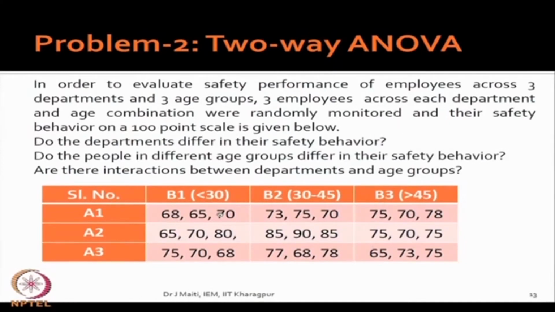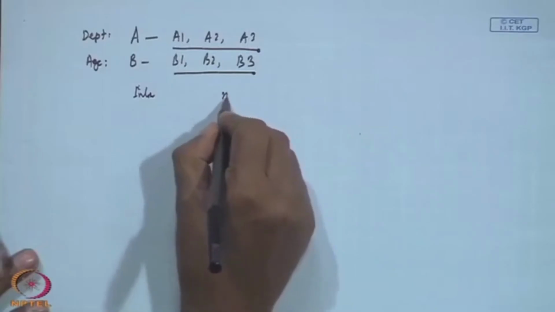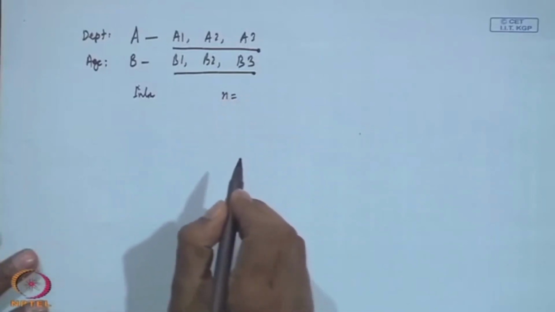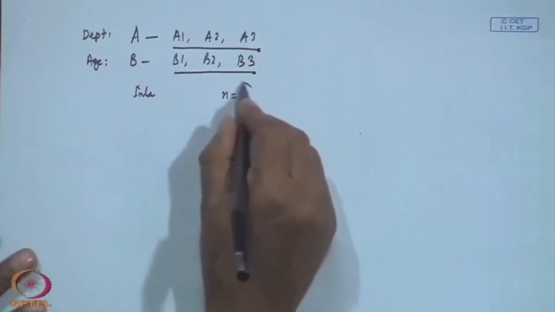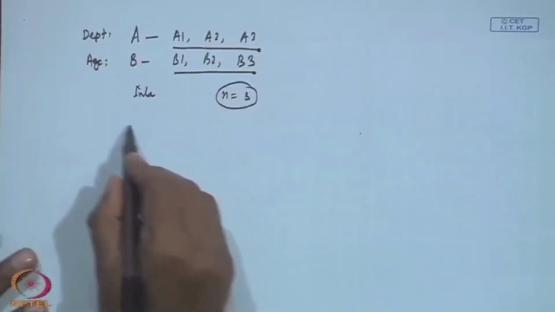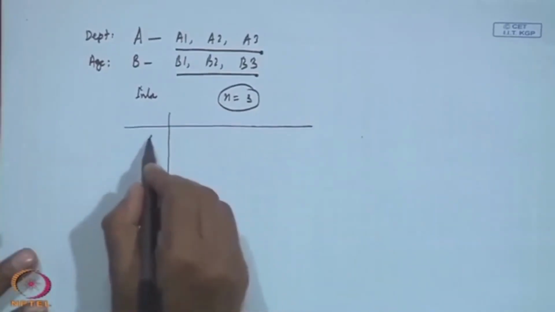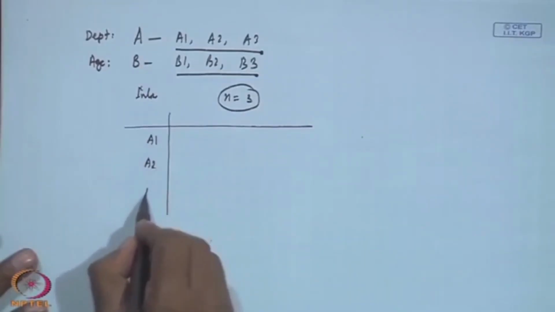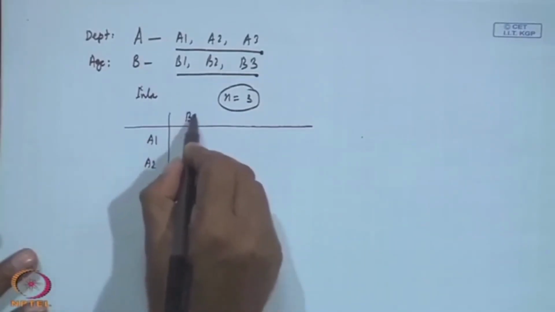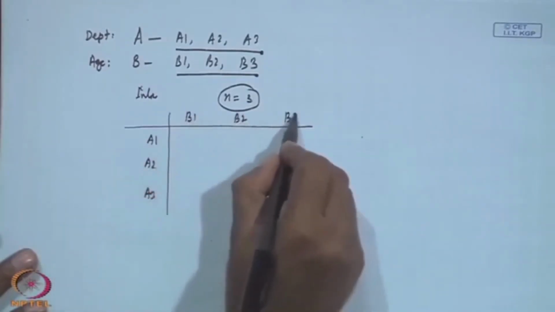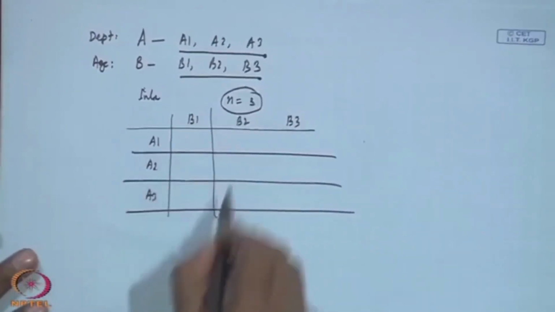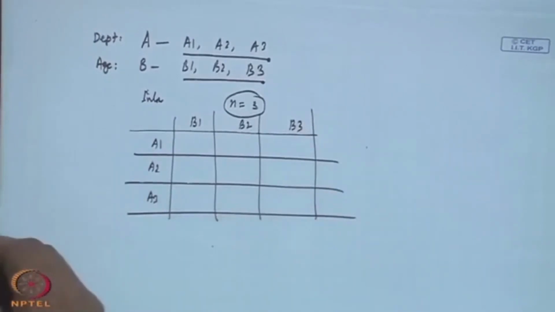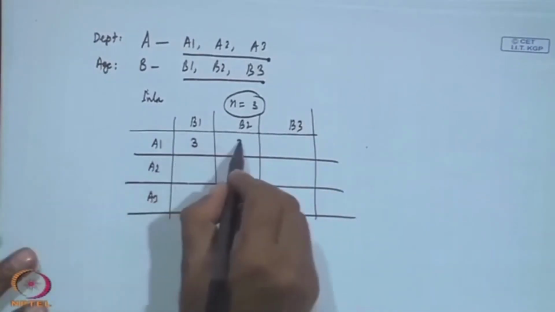Now, suppose 3 data points, equal sample sizes. Again it is suggested that it is better you go for equal sample sizes whenever possible. So, here n equal to 3, and our 3 departments A1, A2 and A3 and 3 age groups B1, B2 and B3. Okay. So, here 3 data points each.